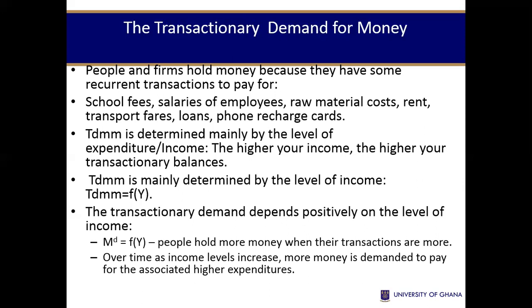That's why we are saying it's a positive function of income. So now we've seen one factor that affects money demand, and that is the income level. The higher the level of income, the higher the demand for money.